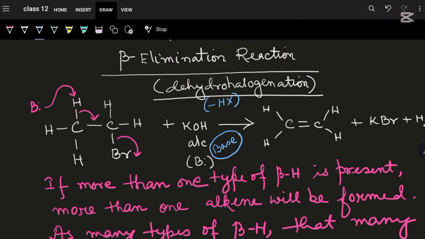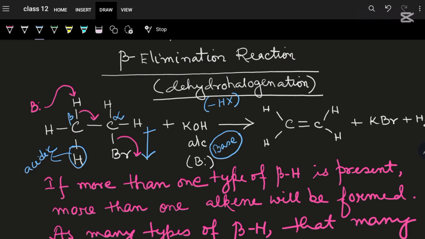Now, this is beta elimination. The carbon atom having the halogen is alpha. The carbon directly attached to alpha is beta. The protons attached to beta are acidic in nature. These are acidic protons on account of the polar nature of the C-Br bond.